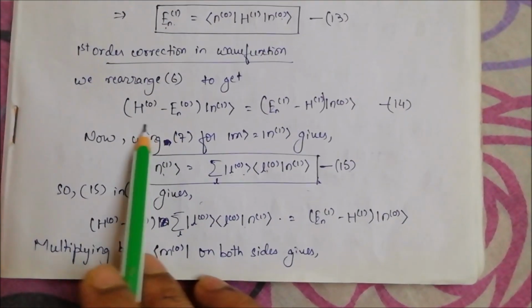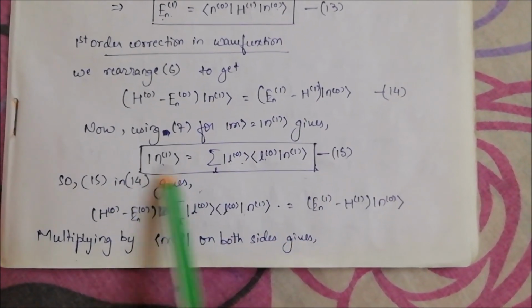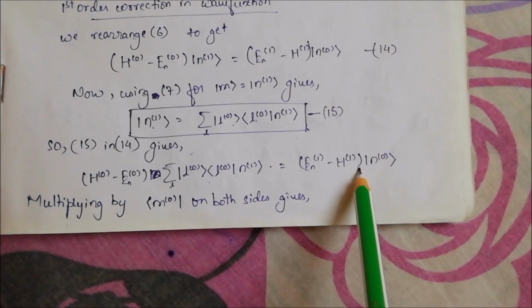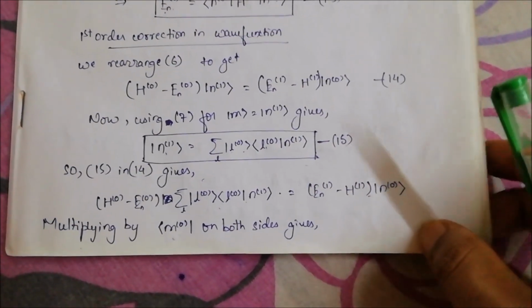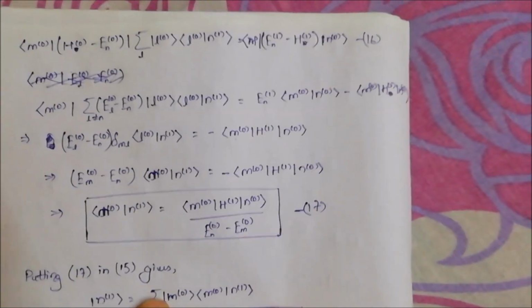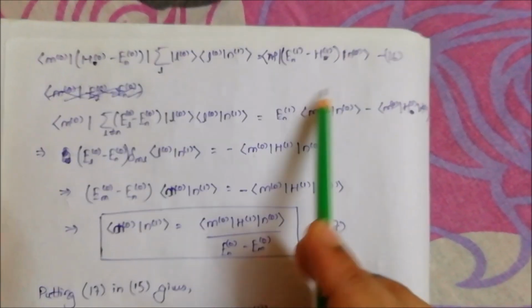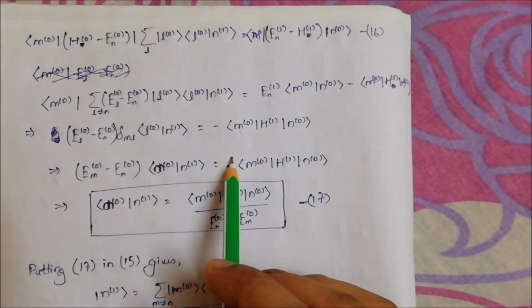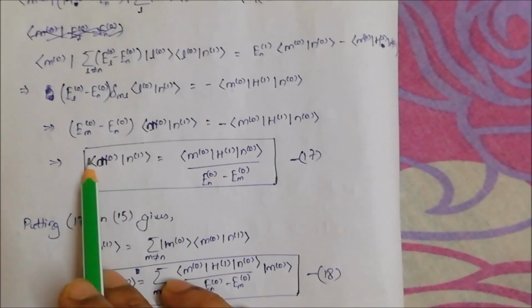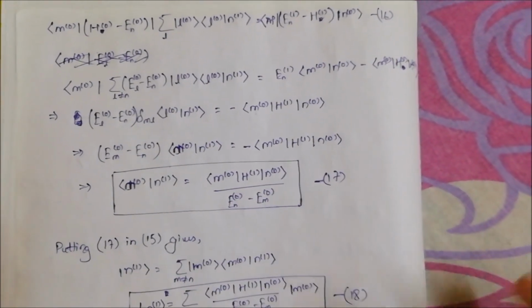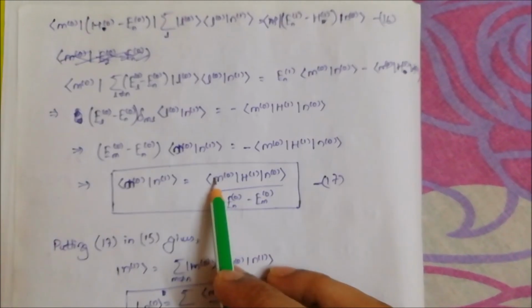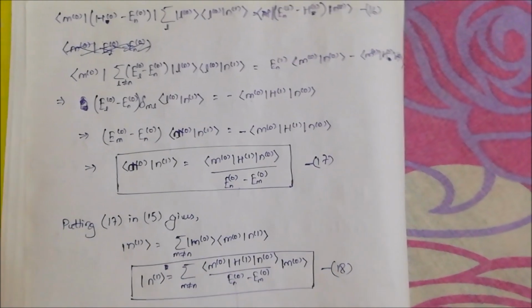So for n1, putting in this expansion, I'll obtain this, and then multiplying by any eigenstate of the undisturbed Hamiltonian gives this one, and again using the orthonormal conditions we arrive at the projection of the first order correction in the wave function on any of the eigenstates of the undisturbed Hamiltonian, which is given by this expression: m0 H1 n0 divided by En minus Em.